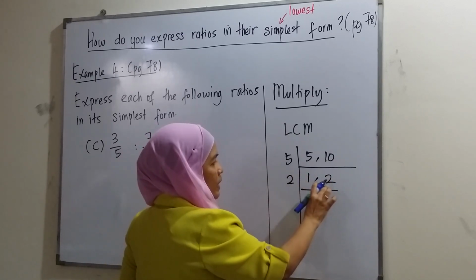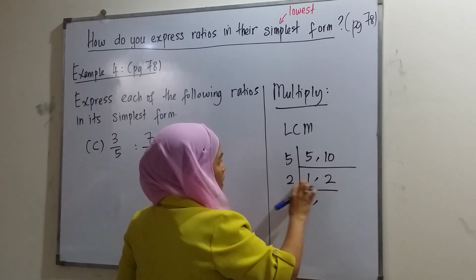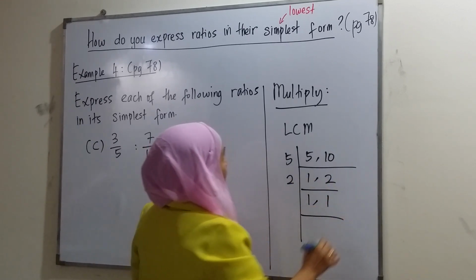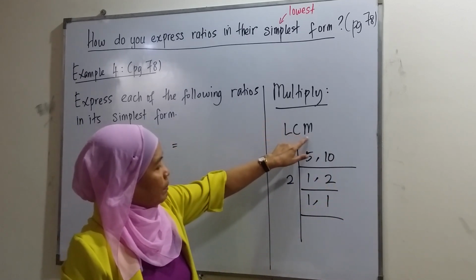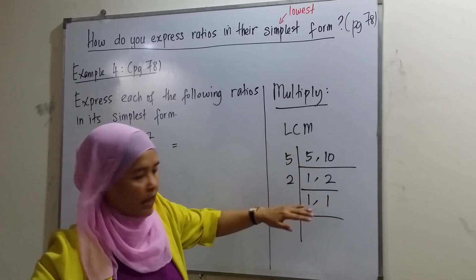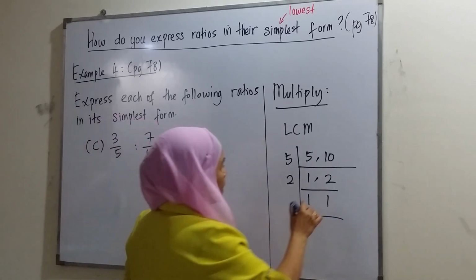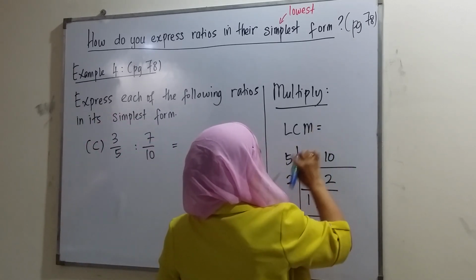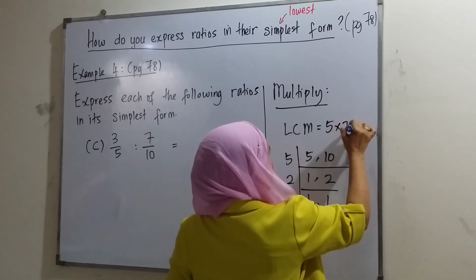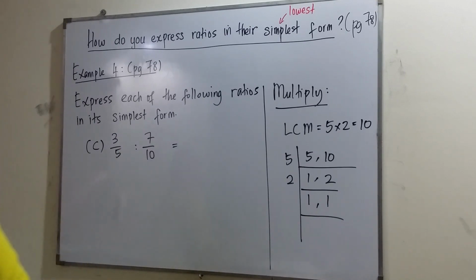We need to divide by 2, but this one carry. 2 divided by 2 is 1. Lowest common multiple, the numbers here should be 1 and 1. So the lowest common multiple is 5 times 2 is 10. So we need to multiply with 10.